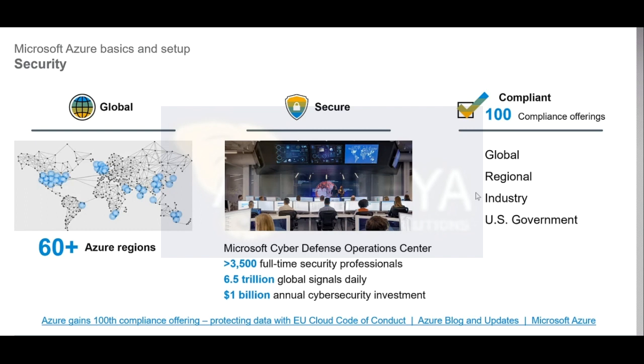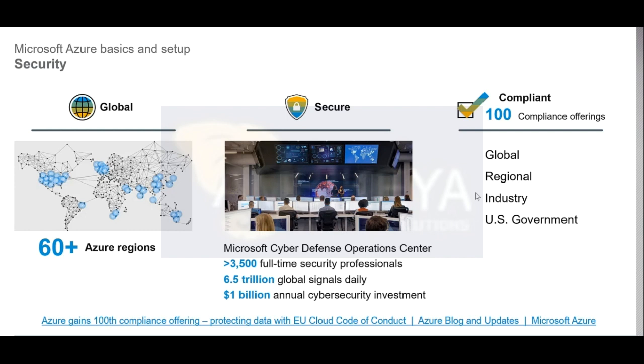Now, talking about standards, in a lot of industries, in a lot of markets, you need to have certain regulatory requirements fulfilled. Otherwise, you're not even allowed to put your services in the cloud. And that's where, again, Microsoft is really investing a lot in working with local governance, working with local regulatory requirements to make sure that we fulfill these compliances.